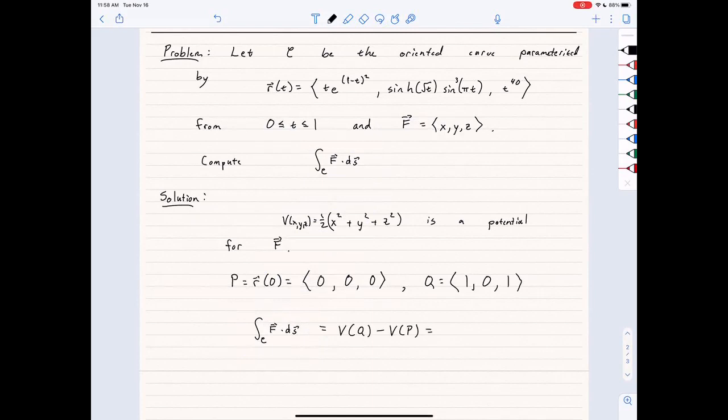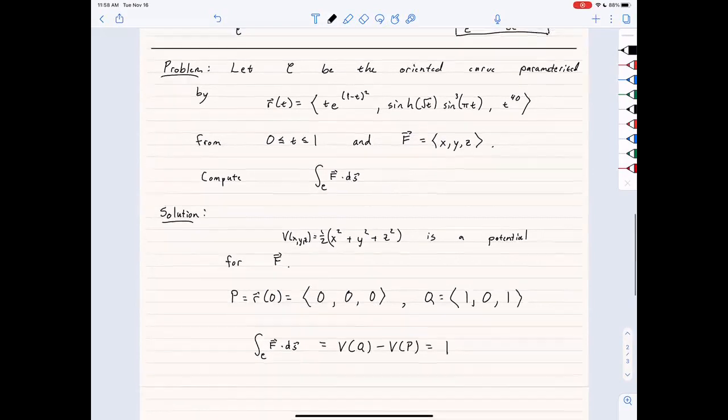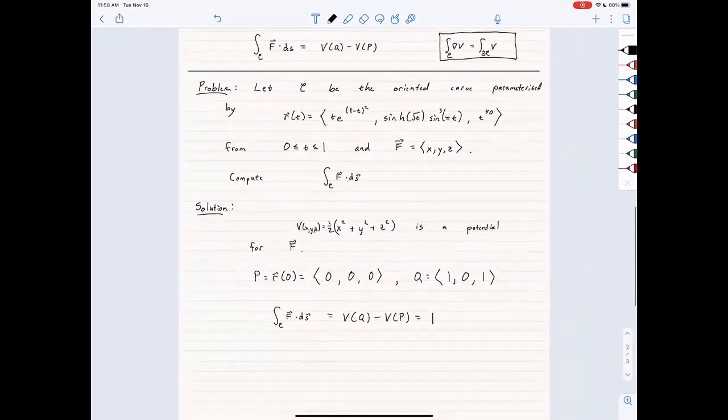What's 2 divided by 2? It's 1. 1 minus 0, 1. That's using this form. A lot easier, huh?